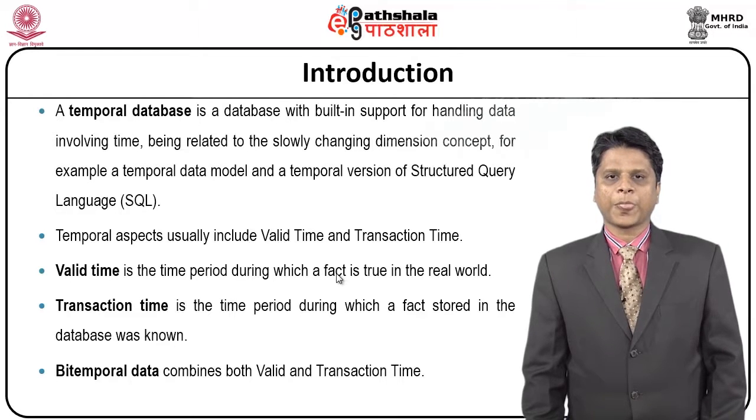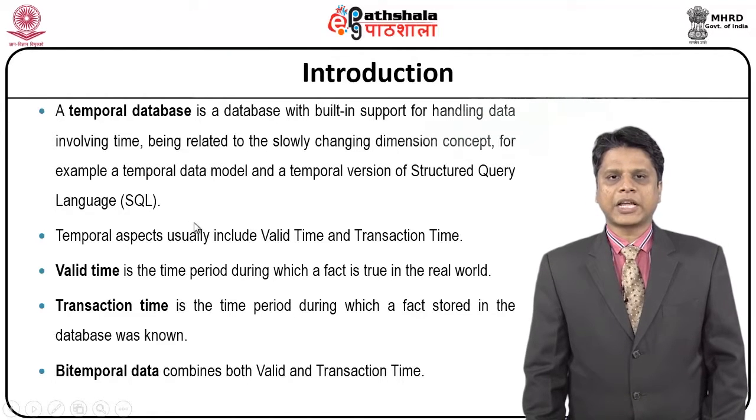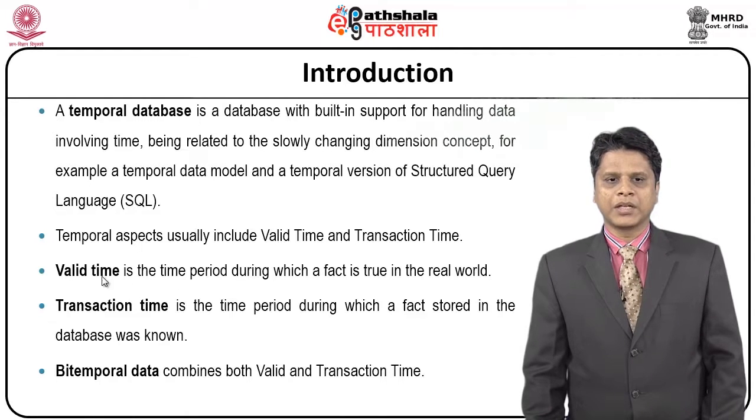So here the valid time is the birth of the child on 17/2/2017, but the birth of the same child has been updated into the records only on 18/2/2017. So the valid time of the birth is 17/2, whereas the transaction time of the same birth of the child is 18/2/2017. So that is the meaning of valid time.